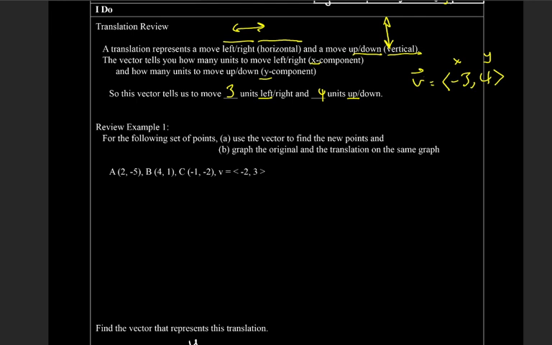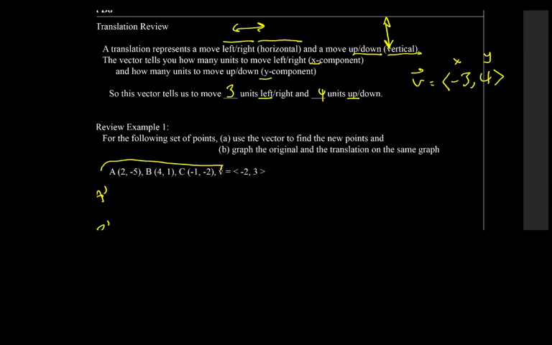All right, so now let's use our vector. So here we have some points. Let's use this as a vector to get the new points and then graph. So remember, we use this prime to show that we have another thing. That's like the transformed thing.